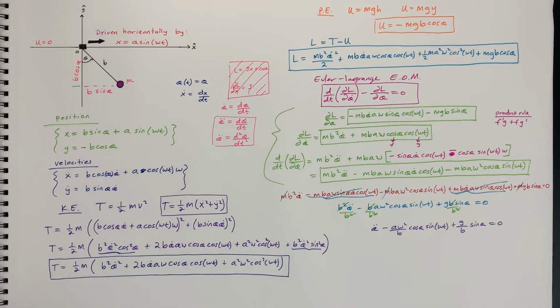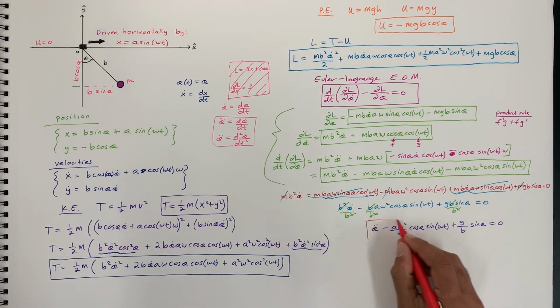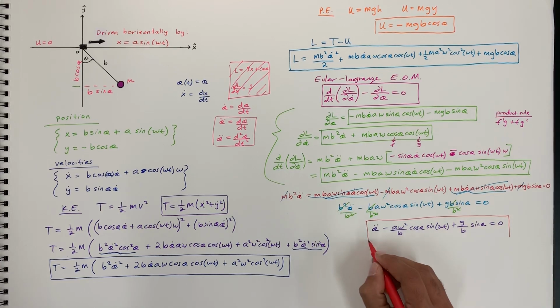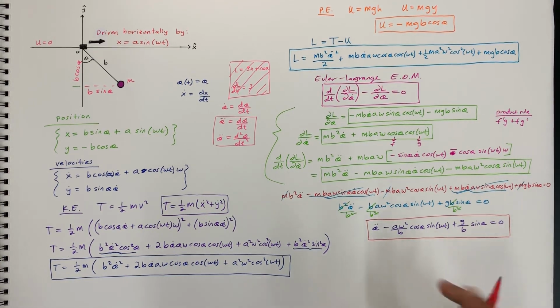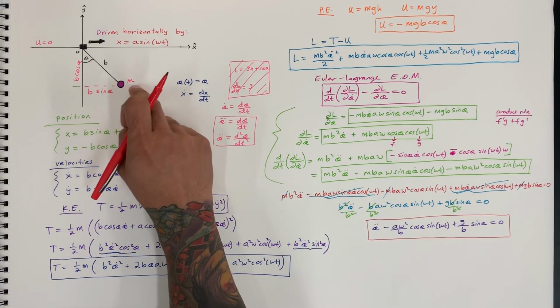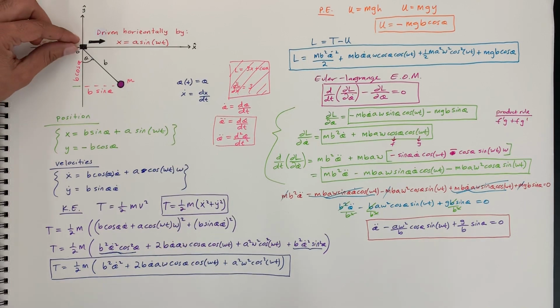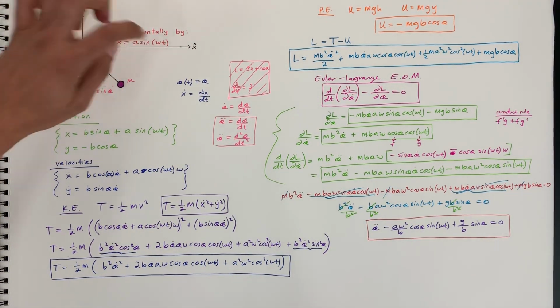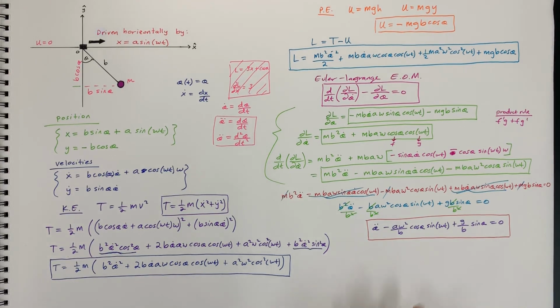All right, nice. And so we're going to leave that right there, and that's the equation of motion for a pendulum with mass m that's being driven horizontally by x equals a sine omega t.